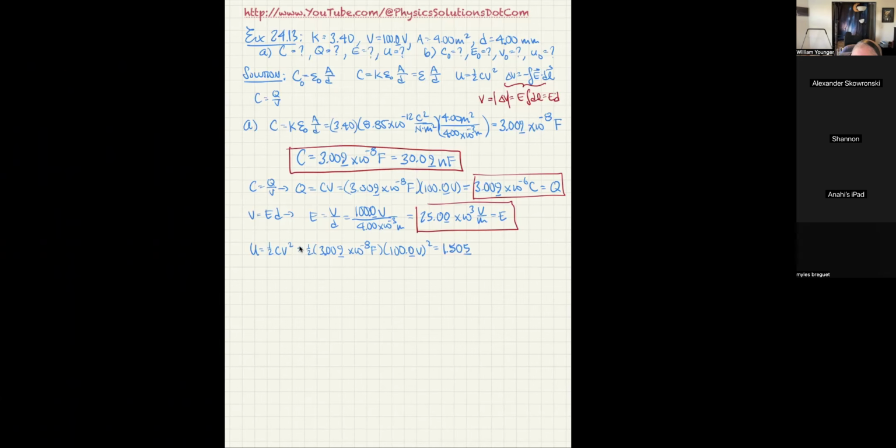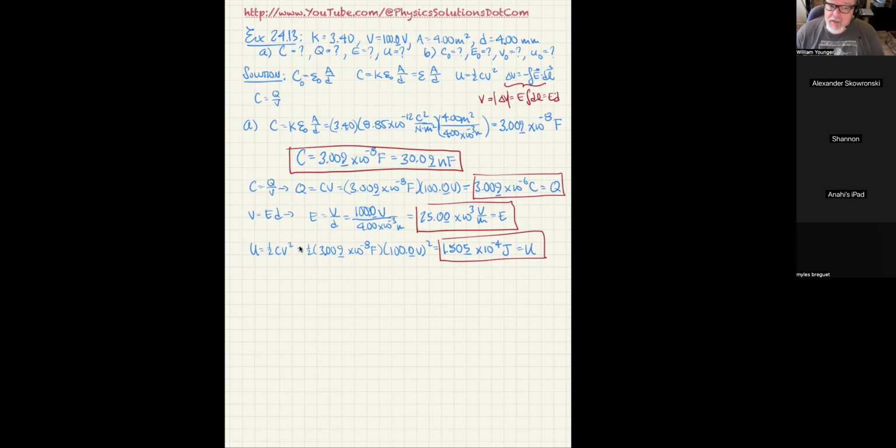It's actually 5045, and I'm just rounding it to one extra sig fig, and that's times 10 to the negative fourth joules, and that's equal to the energy with the dielectric inside the capacitor. So now we have all of the actual values we were asked in part A.